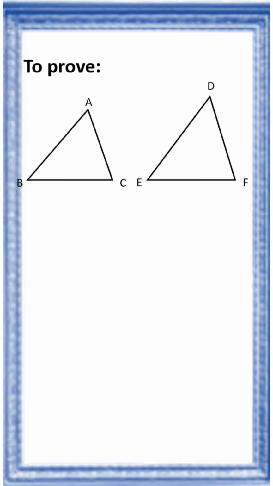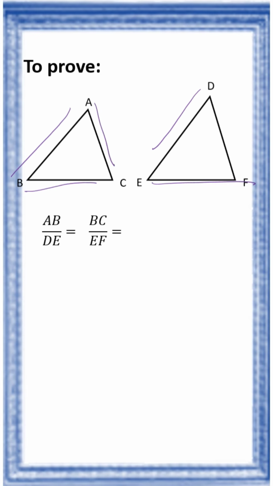While proving a theorem, you always have to first write the given items, then what is to be proved. What is to be proved here? AB by DE, means corresponding sides are in proportion. The corresponding side of AB is DE, BC is EF, so BC by EF, AC by DF.